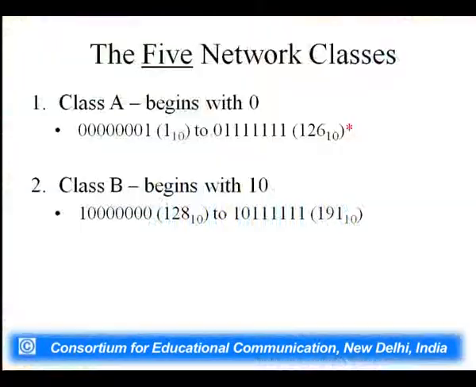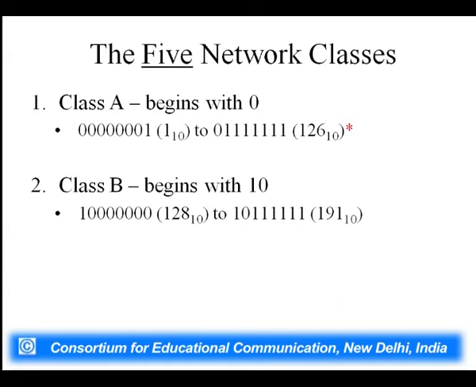And the previous one, class A, is 0 0 0 0 0 0 1, which is the value 1 in decimal, and therefore it goes up to 126, because the first bit is 0 and the remaining 7 bits are 1, which is 126 in decimal. Why not 127? Why is this first bit 0? That I will be explaining.